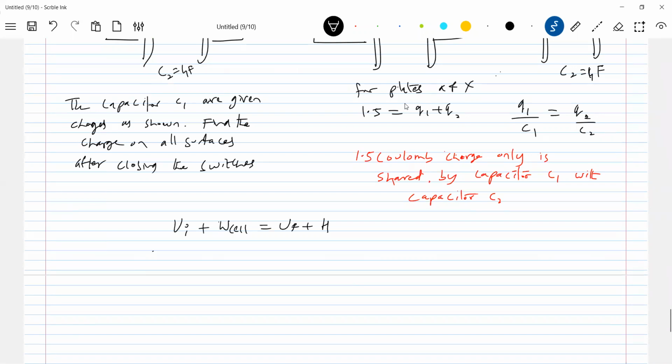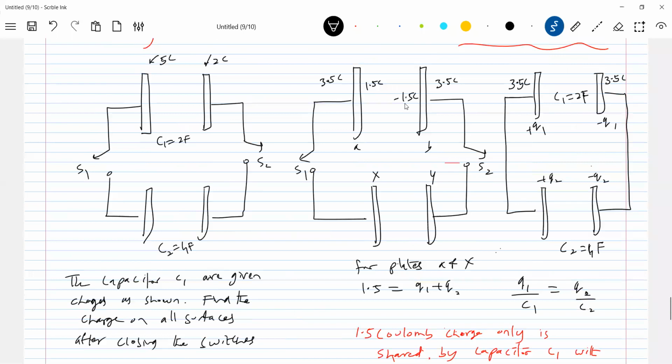You should take only the charge 1.5, plus 0, equal to the final energy Q1 square by 2C1, plus Q2 square by 2C2, plus heat generated. So I'll calculate all the things. Finally, I see that this charge will be there as it is. This charge will not get disturbed.